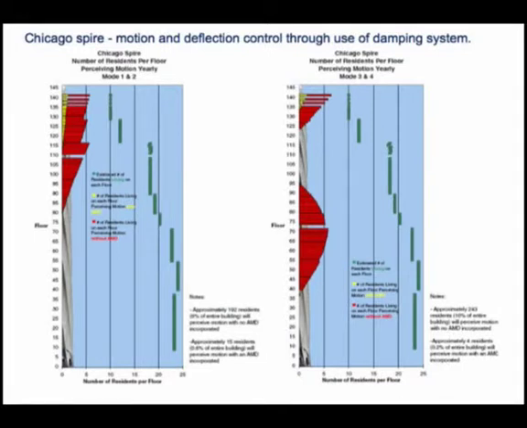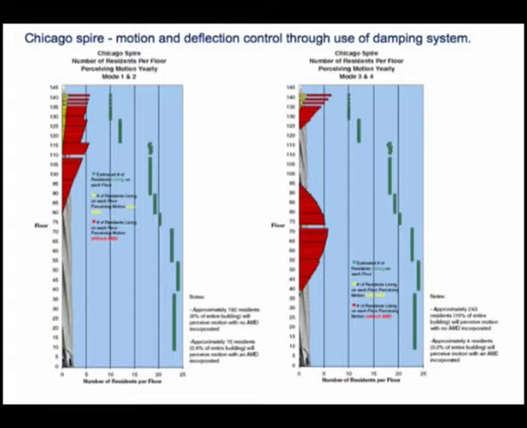One of the things we were able to do, and these are some interesting plots, and there's a lot in them, so I'll try and explain what's in them. The green bars on the right-hand side of the plots give you an idea of the number of residents per floor in the buildings. That's the values on the lower axis of the plots.